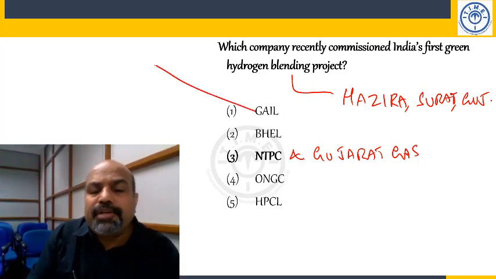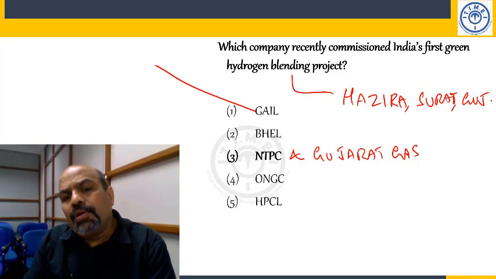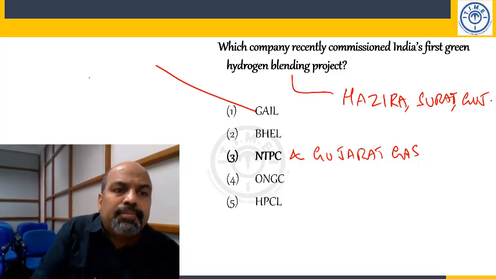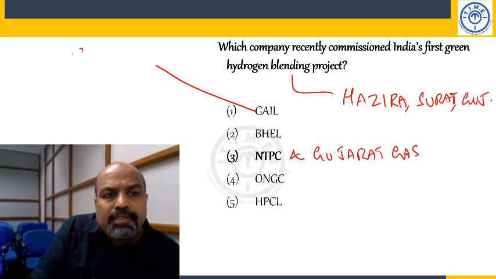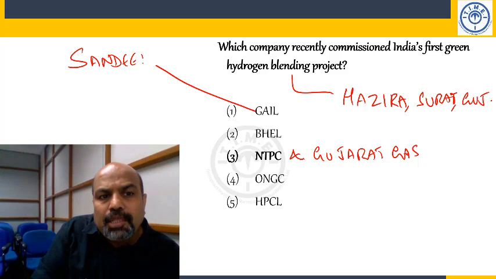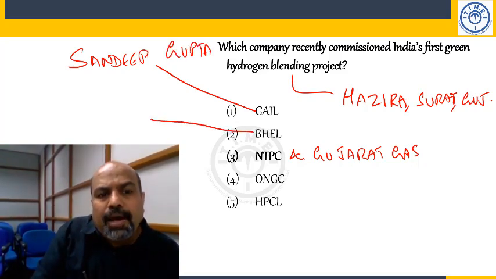GAIL, Gas Authority of India Limited, from National Thermal Power Corporation to Gas Authority of India Limited. There you will find Sandeep Kumar Gupta. BHEL, Bharat Heavy Electricals Limited, Nalin Shingal.